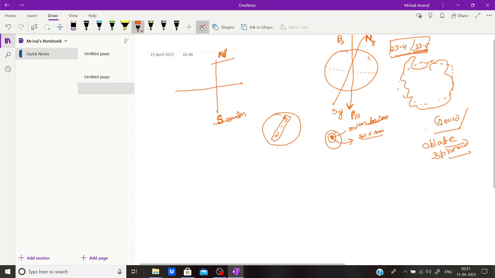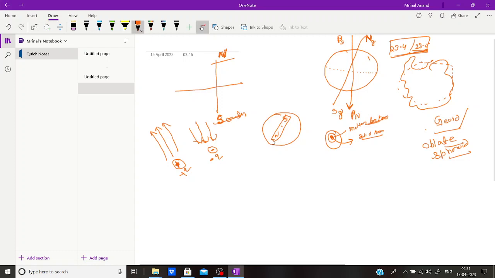So from this north pole, suppose this positive charge is at rest and this negative charge is at rest. The positive rest charge has an outward field direction, and similarly the negative charge has an inward field direction.